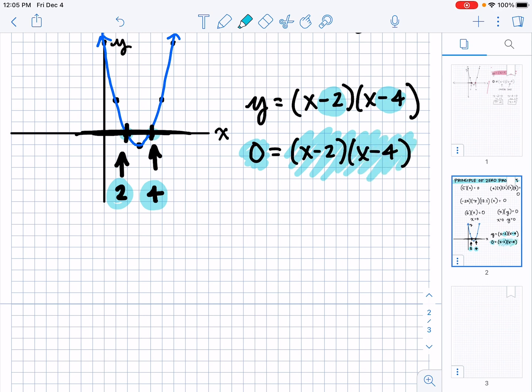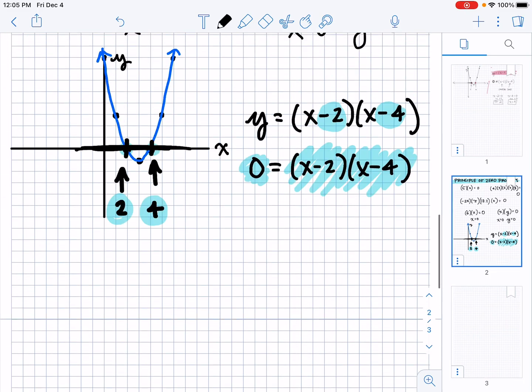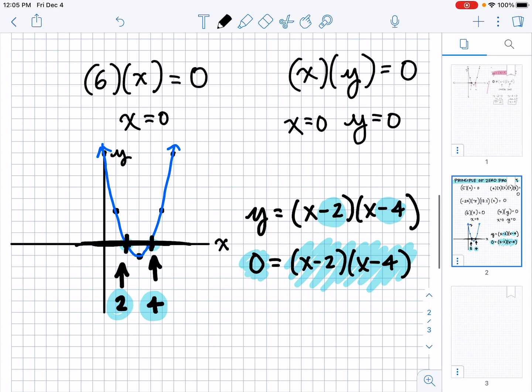The x-intercepts occur where y is 0. Well, look at this. We have two numbers that are multiplying together to 0. So what does that tell us about our two numbers? Remember what we said up here? One or both of those numbers is 0. So either x minus 2 is equal to 0 or x minus 4 is equal to 0.